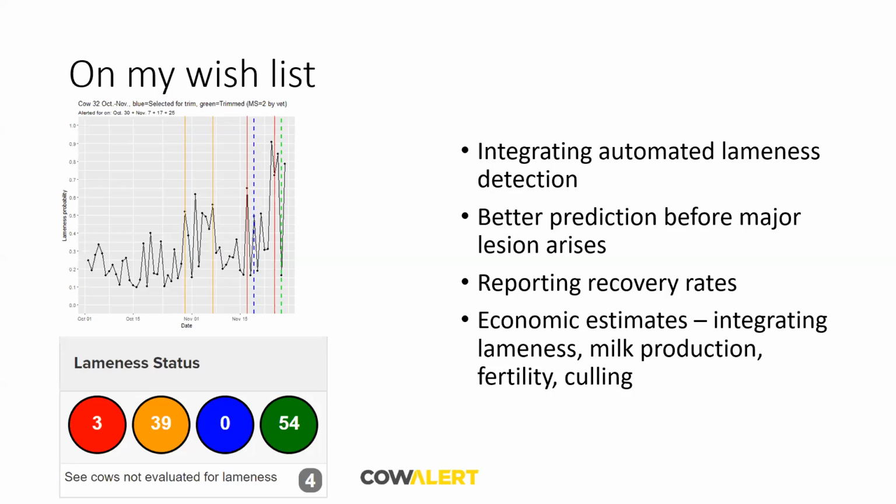And so integrating some of this data with the management systems is going to be a really important step for Ice Robotics and the farmer. And working on ways to better predict lesions, either using the cow alert algorithms or additional data, I think is going to be a really exciting area of work going forward, because I think we can probably enhance what is already a pretty good prediction.